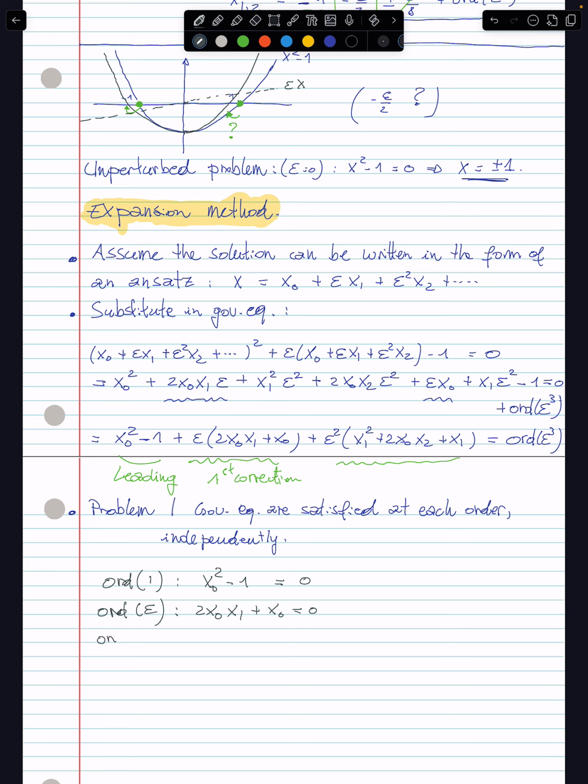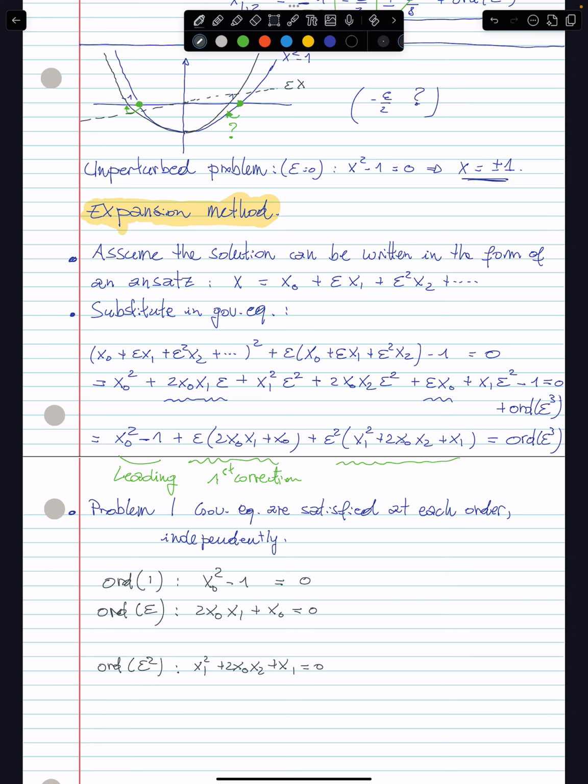At the following order, we have x1 squared plus 2 x0 x2 plus x1 is equal to 0.